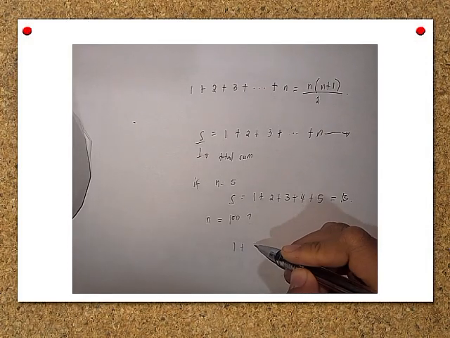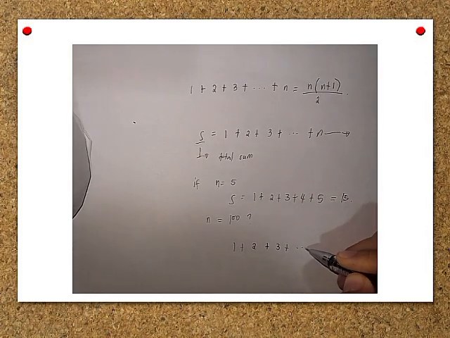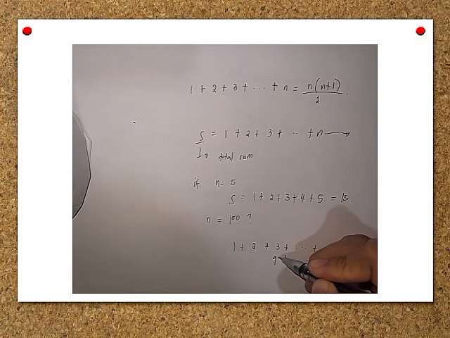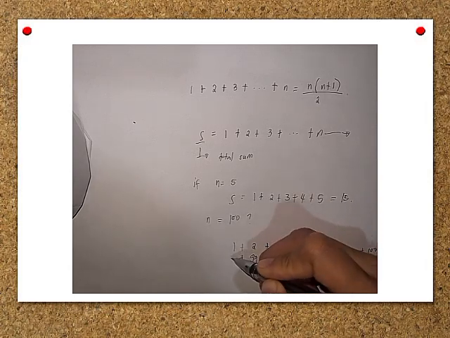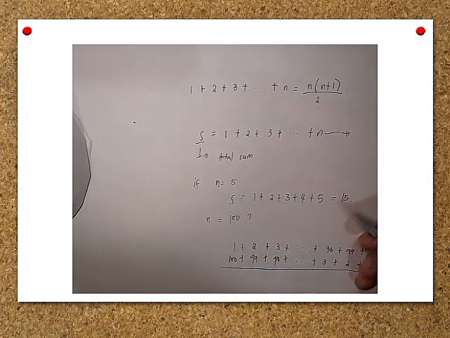1 plus 2 plus 3 plus ellipsis plus 98 plus 99 plus 100. Then he wrote it backward: 100 plus 99 plus 98 plus ellipsis plus 3 plus 2 plus 1. So he added them together.